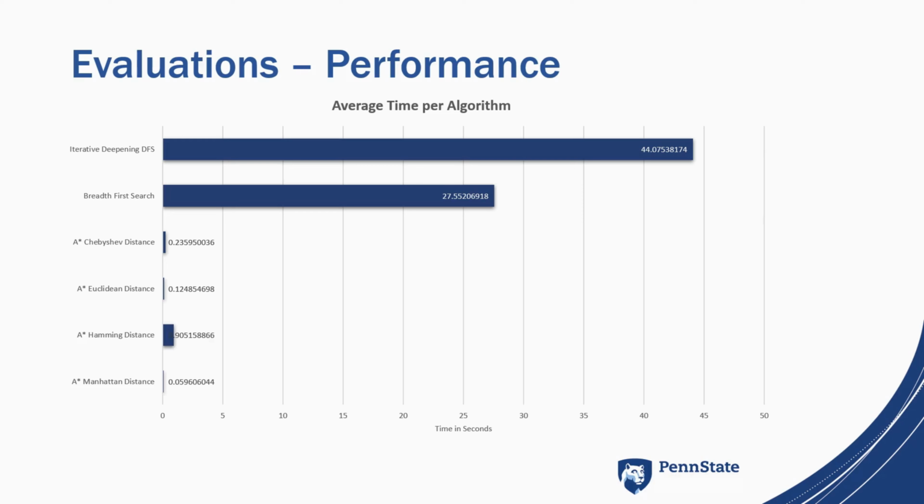The average time per algorithm shows A star with Manhattan distance being the fastest, followed by A star with Euclidean distance, the Chebyshev distance, and Hamming distance. BFS and IDDFS took significantly longer time.